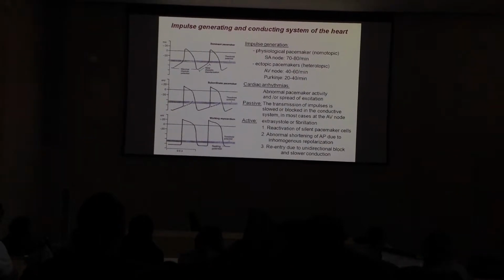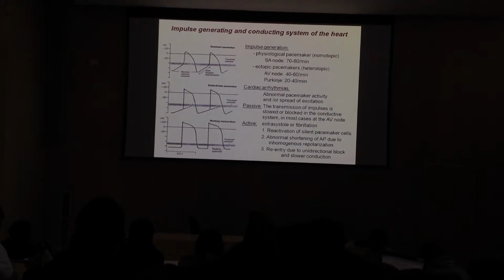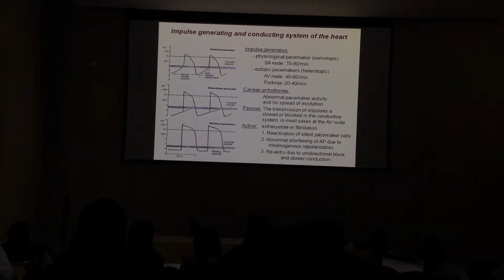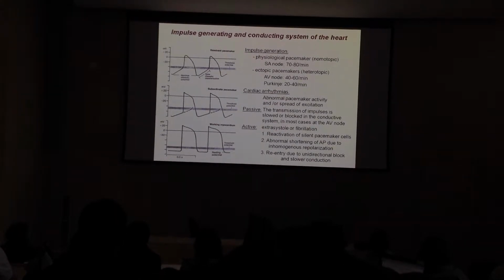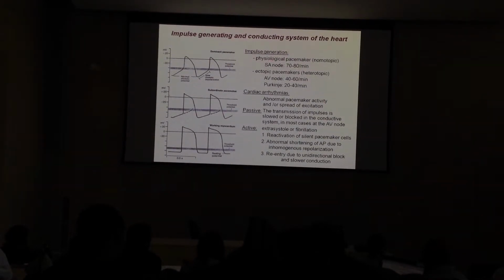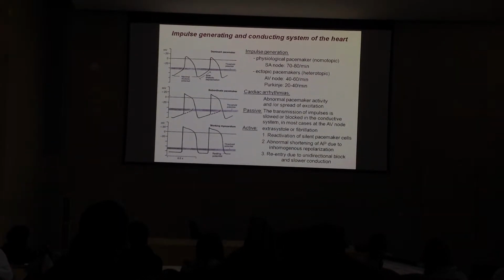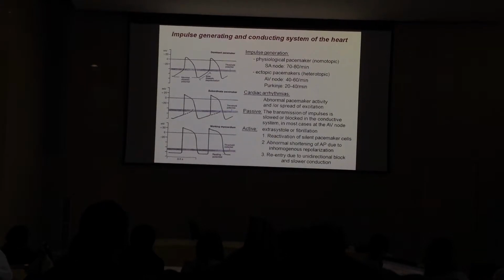The first possibility is the activity of the SA node. This is the normal pacemaker place of the human heart. The generated frequency is 70, 80 per minute. We mentioned that the normal heart rate is generally 60, 70, a little bit lower. It is due to the vagal nerve activity, as discussed.